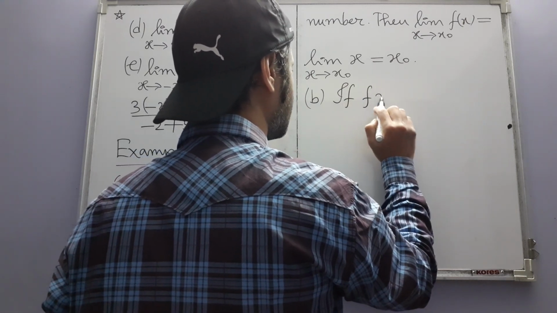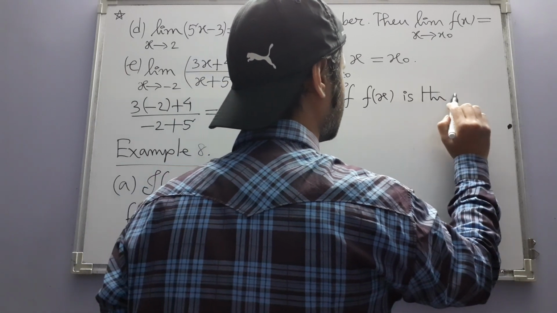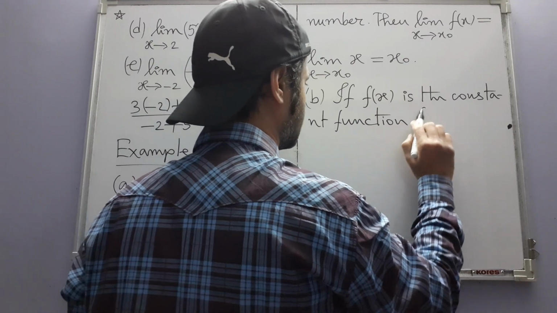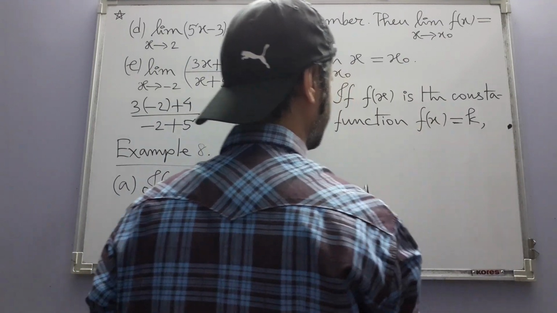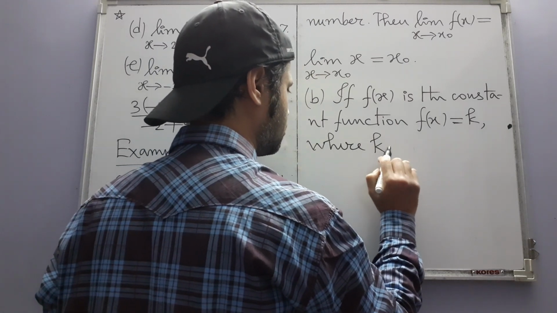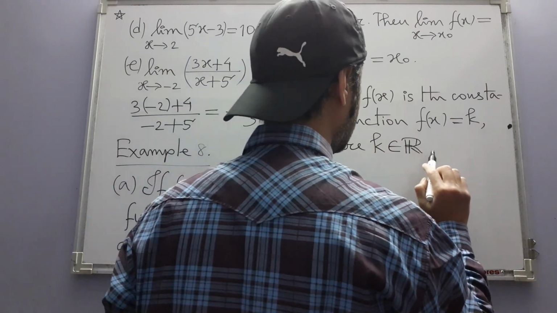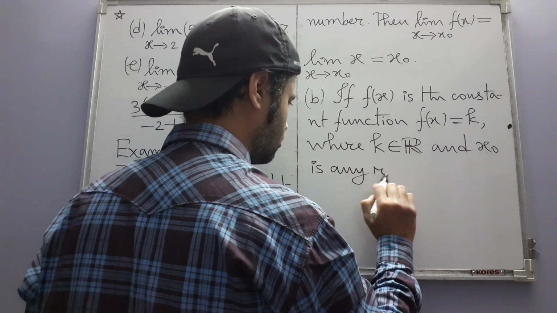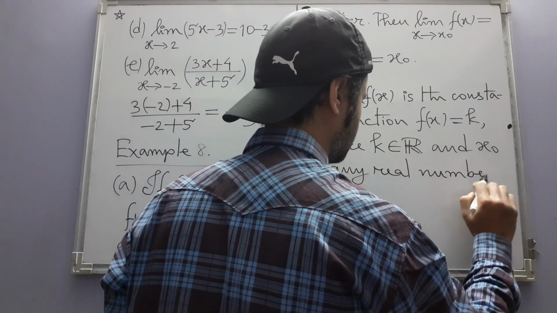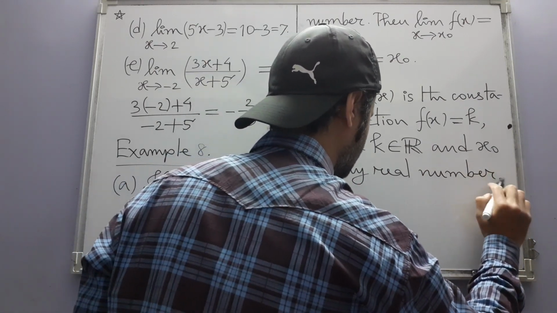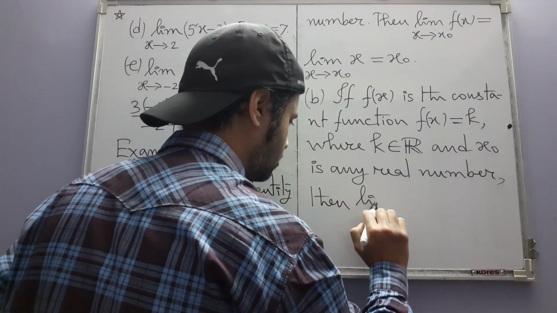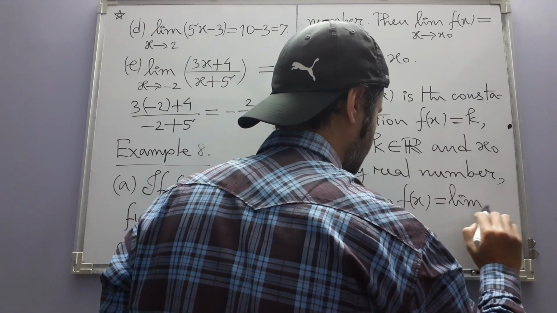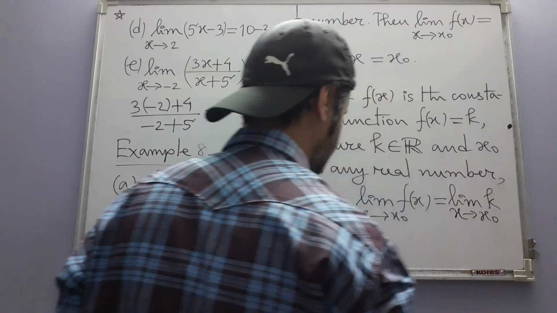If f of x is the constant function, f of x equal to k, where k is some real number, and x naught is any real number, then the limit of f of x as x approaches x naught, which is the limit of k as x approaches x naught, is equal to k.